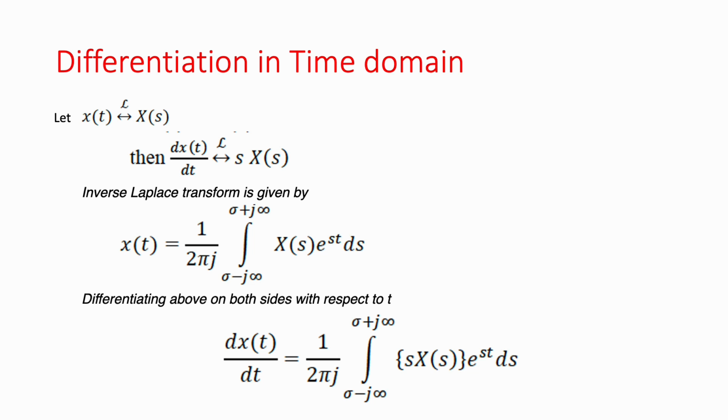Only the differentiation we have to do is for e power st. If I do that, I will get s x of s e power st into ds. So if you compare the left side and right side, you will get the transform as s x of s for dx of t by dt. This is the property we have to prove. Hence the property is proved.